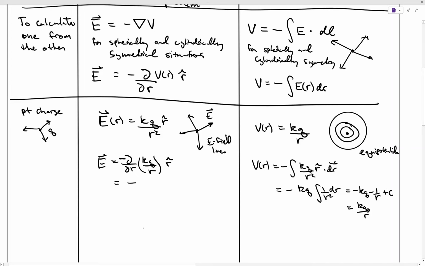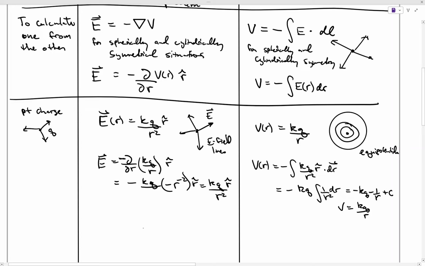Let me put it in two steps to make this explicit. What does that give us? Our negative signs cancel out. We get back our kQ over r squared in the r hat direction.